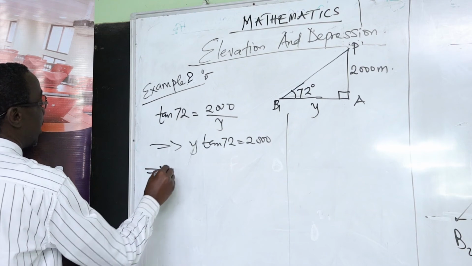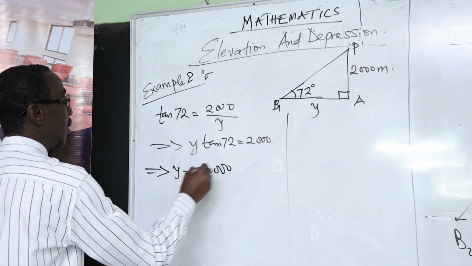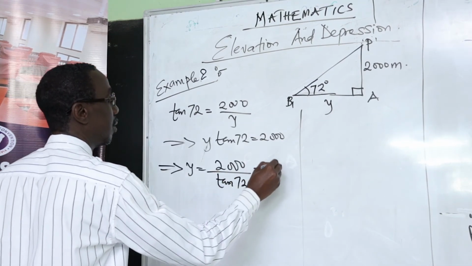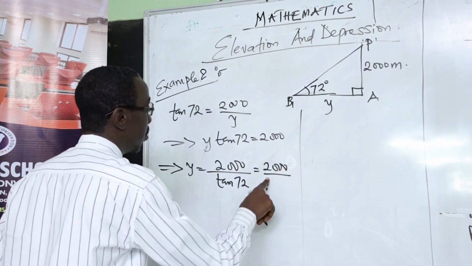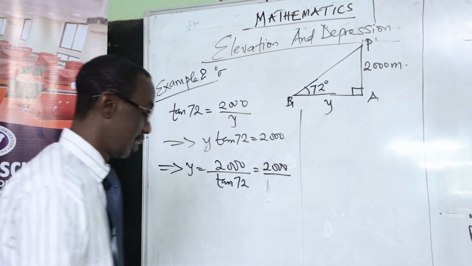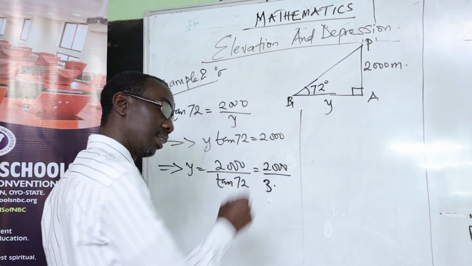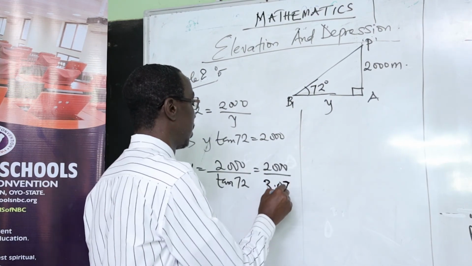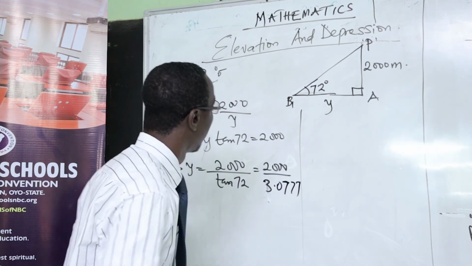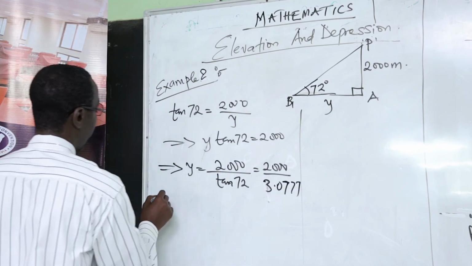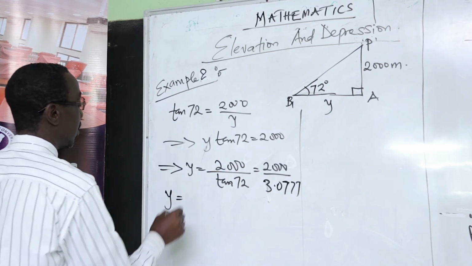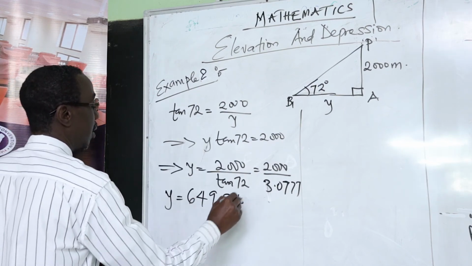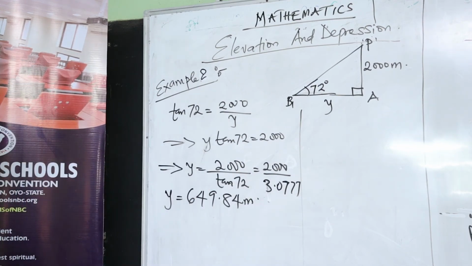This also implies that Y should be 2,000 divided by tan 72, which is 2,000 divided by 3.0777. Can you give us the final value of Y? 649.84, and it should be in meters. All right, that is the value of Y.